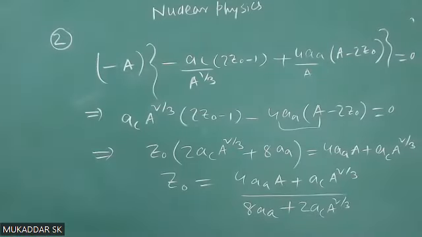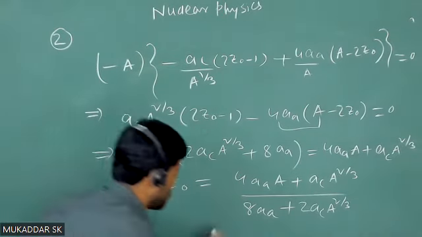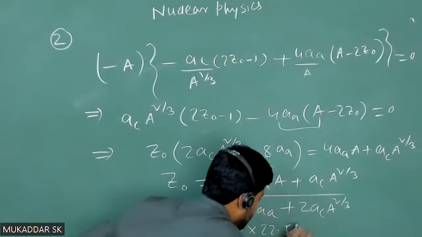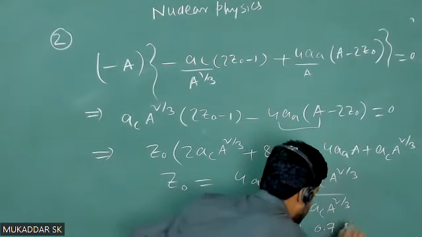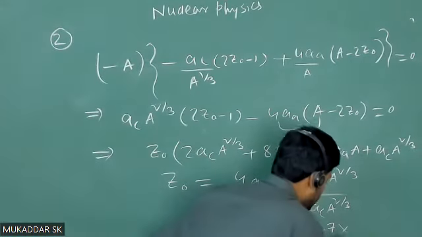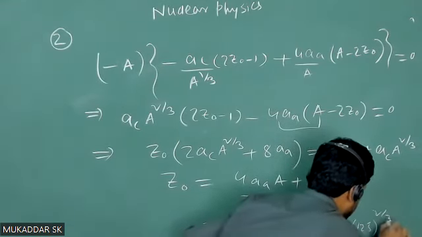Now you have to put in the values. They have provided you everything, you just have to put in those values. So for A_a, that was given like 22.5. Next, you have A_C, that is provided 0.7 MeV. And the mass number was 125 to the power 2/3.